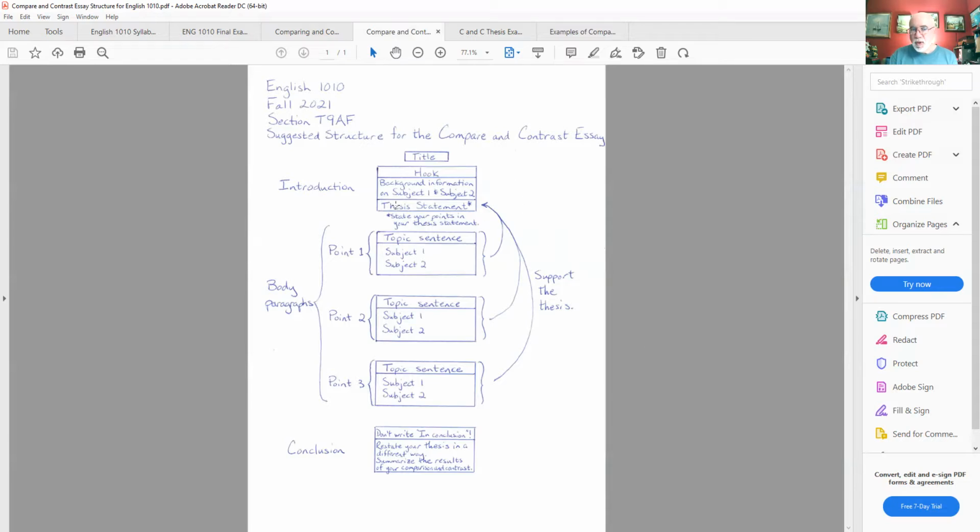You must have a thesis statement. The writing prompt will tell you what is expected in the thesis statement, but certainly you will want to mention, and I've been trying to drill this into your heads, the 2 things you're comparing, and your 3 points of comparison or contrast, and you want to say whether each of those points is similar in the 2 things you're comparing or different.